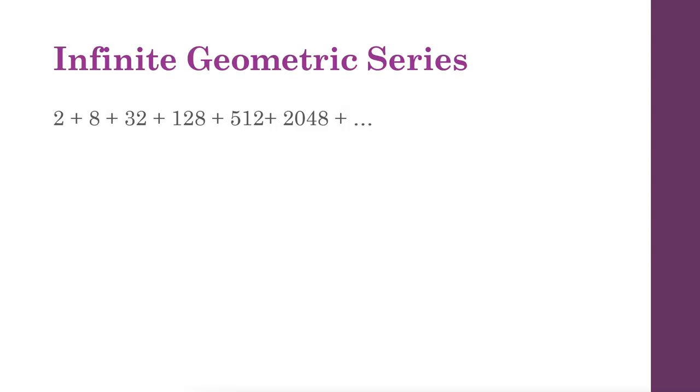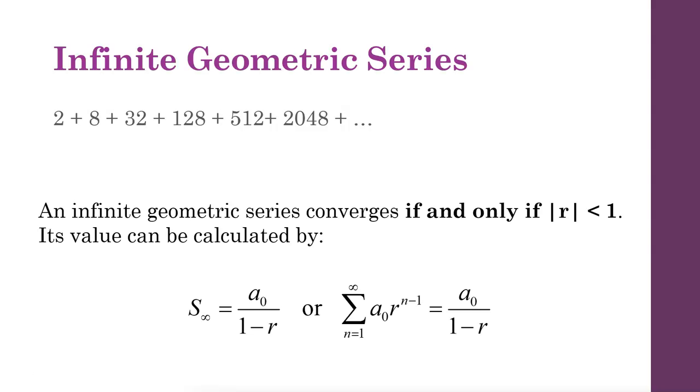It turns out that for a geometric series, as long as the terms keep getting smaller, we will actually get a finite answer. So if and only if the absolute value of the common ratio is less than 1, that means my terms keep getting smaller. They could alternate, so r could be negative, but its absolute value has to be smaller than 1.